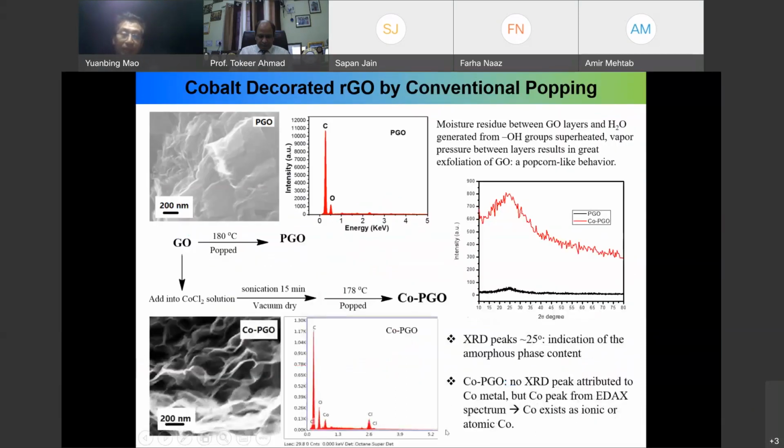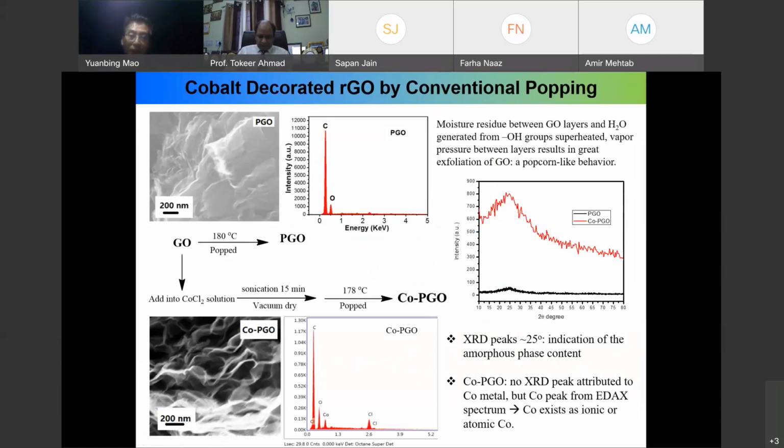This shows more details about that. The popping actually happens around 178 degrees Celsius. So this is the initial pristine graphene oxide.